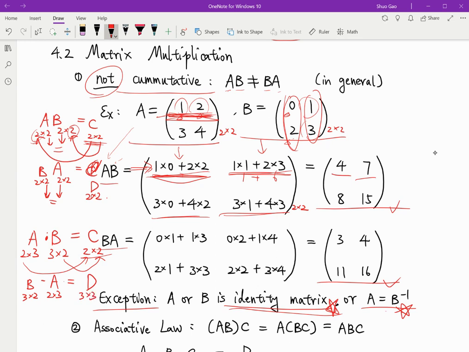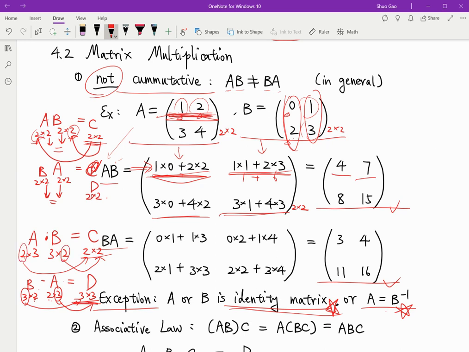Because the 2 and the 2 are the same, B and A are conformable. And the dimension of the resulting matrix D should come from the row dimension of B and the column dimension of A. You combine this number and this number to get the new dimension of the multiplication matrix.